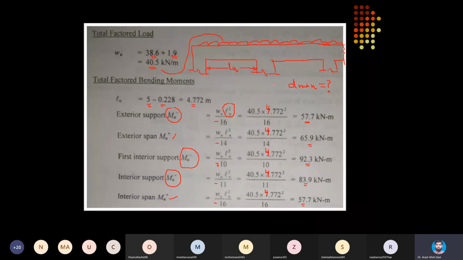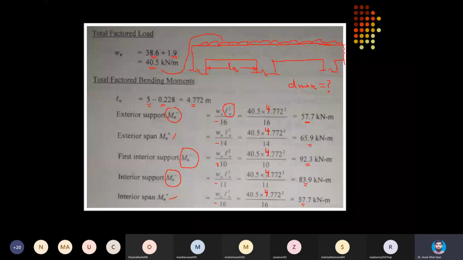And in order to design singly reinforced beams at various moment demands corresponding to them, I need to calculate D. Normally in field construction, we do not vary the cross sections in each span. So we normally keep the width same. We normally keep the H, the depth of the beam, same in various spans.